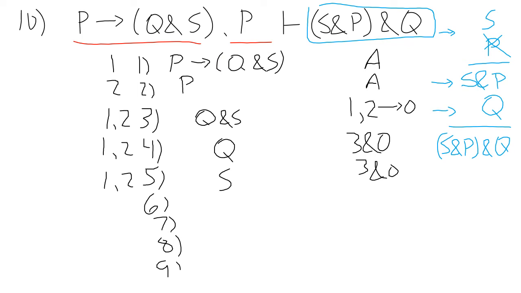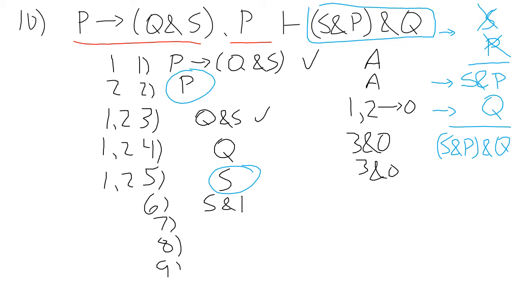So now, I've done everything that I can once I did my arrow out rule to this one. I've done everything that I can to this ampersand once I've done my ampersand out rule on both of them. So I still need to build this S and P first. Do I have S by itself? Yes. Do I have P by itself? Yes. So we have everything we need, so let's put those two together.